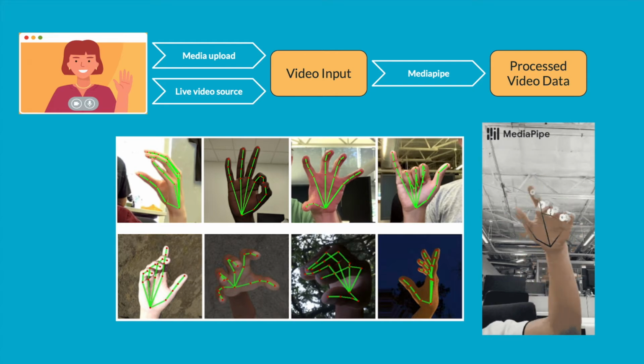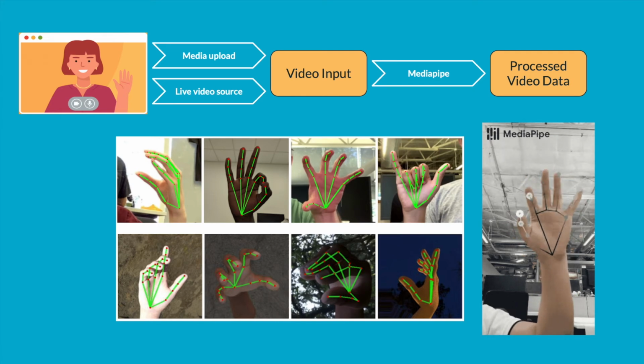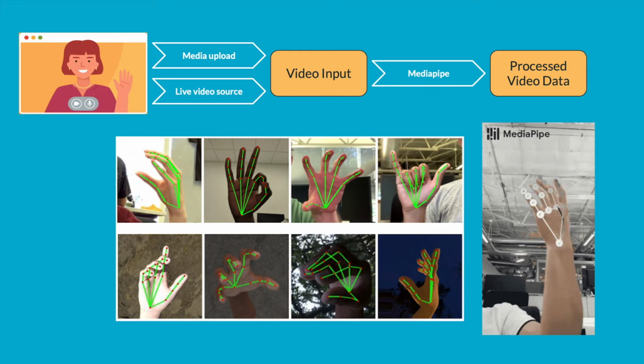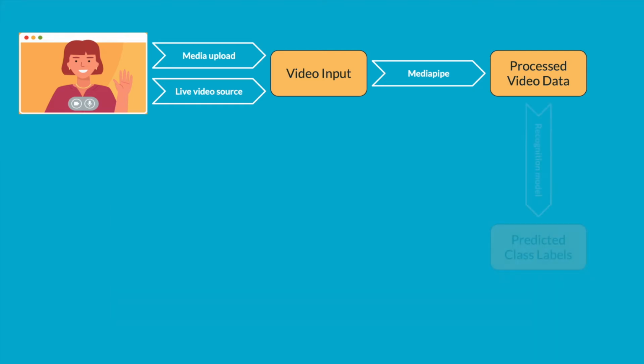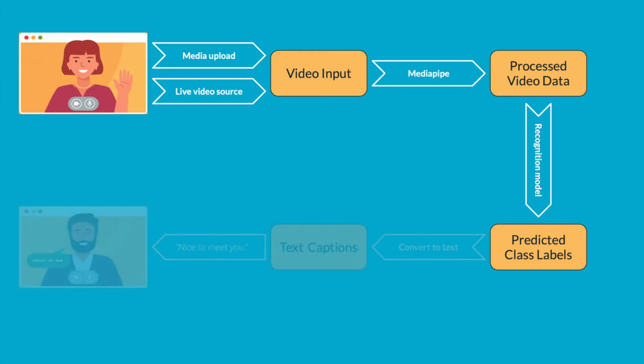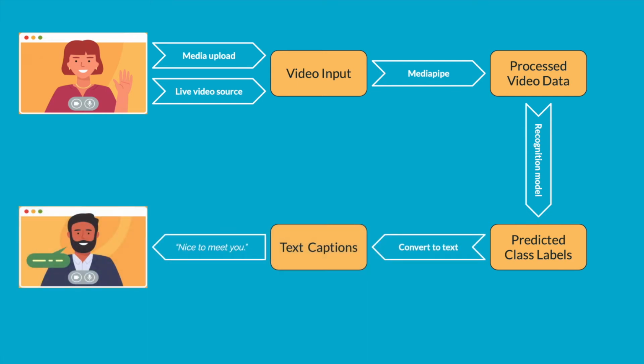The library has several modes, such as hand detection and upper body pose tracking, that will help parse out the locations and orientations of the skeletal joints. The processed data is then passed into the recognition model, which generates predictions based on the information. Finally, the predicted labels are converted into readable text captions and displayed on the screen.